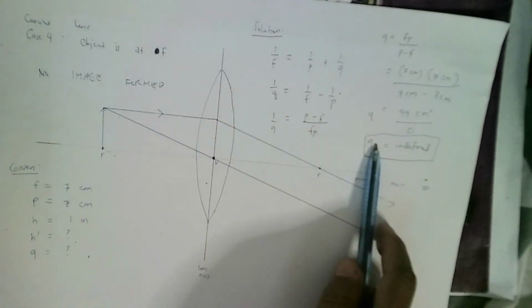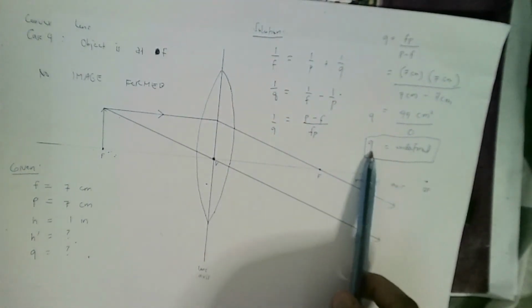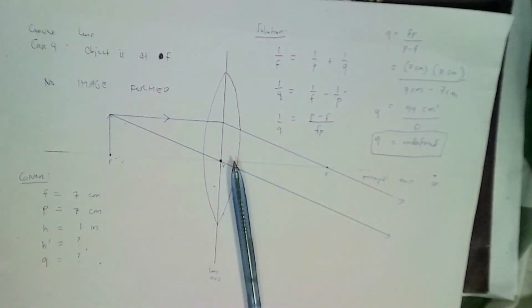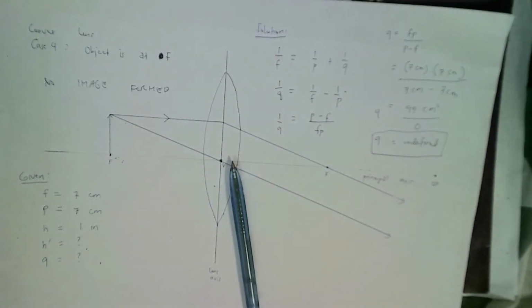So if there's no image formed, how can there be any image distance? Remember, zero distance is different from no distance at all. Because zero distance implies that there's an image, but the image is located at the vertex. But when you say undefined, that means there's really no definition for the distance of the image because there is no image in the first place.